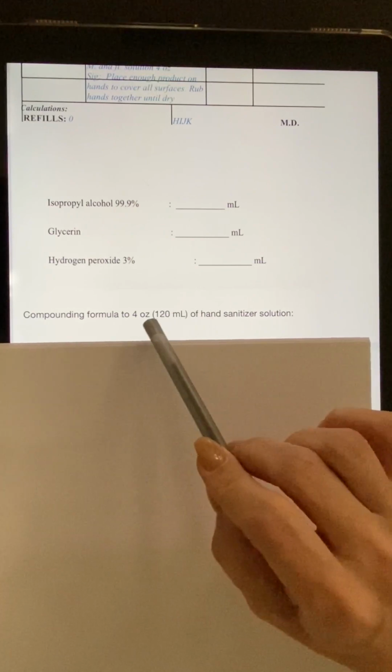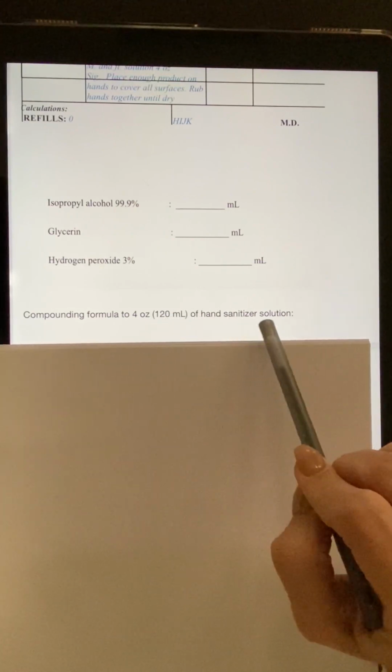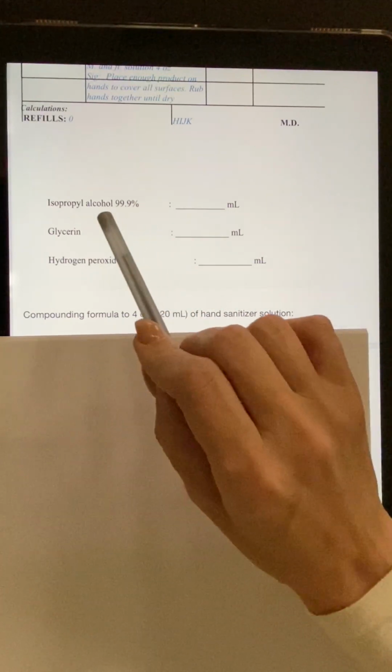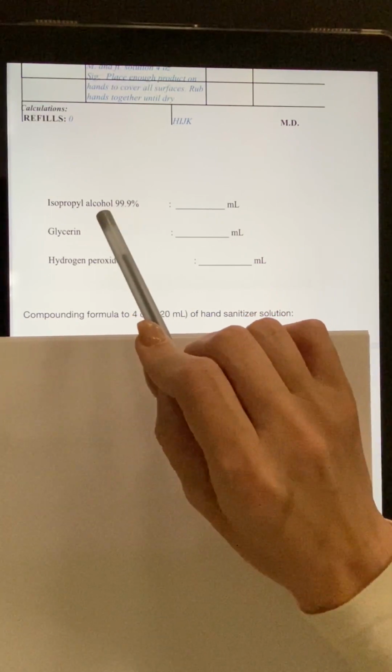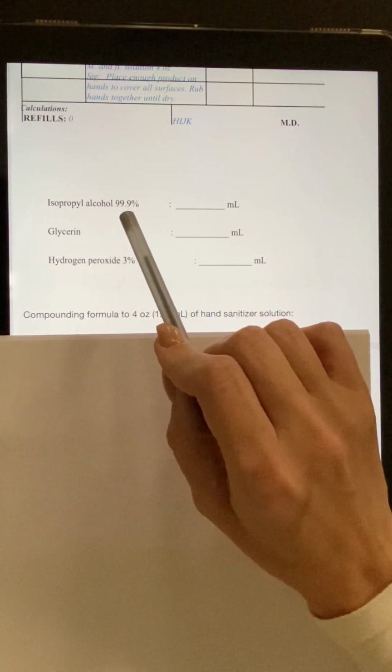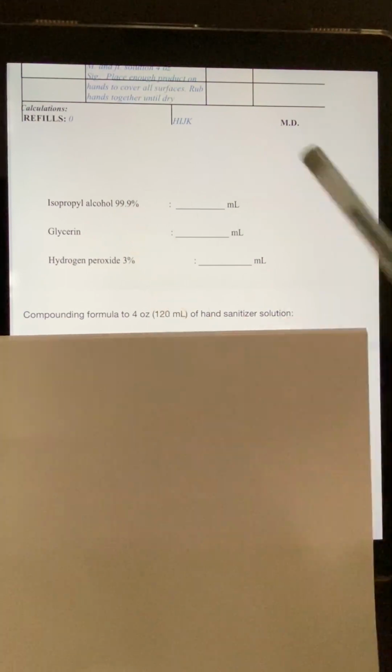Going back to the calculation part, you're given the final volume of the solution and you need to calculate how much isopropyl alcohol at the concentration of 99.9% you need.